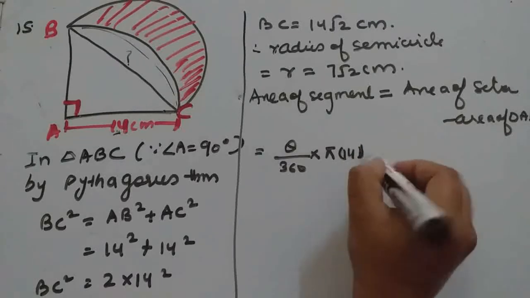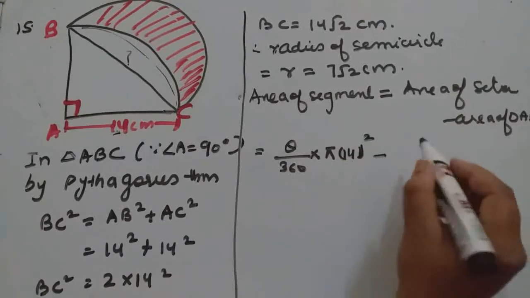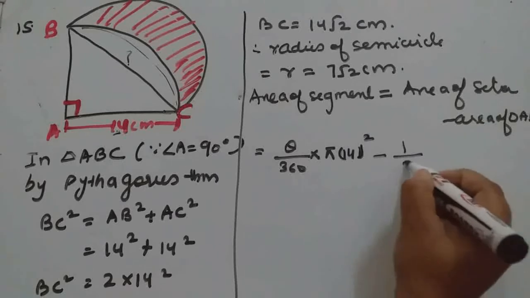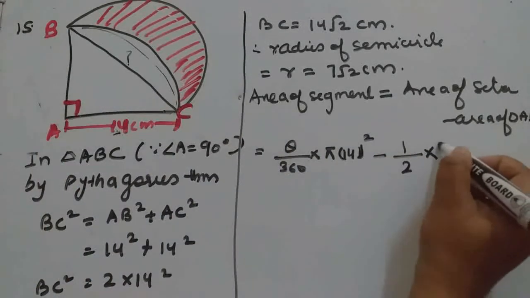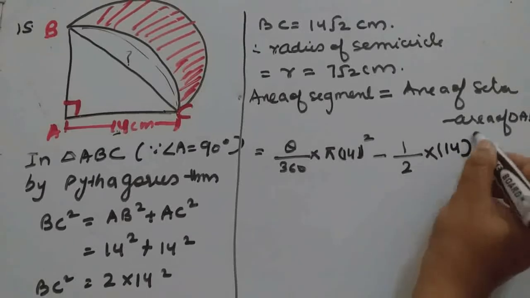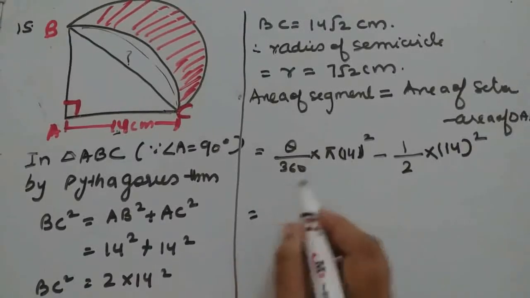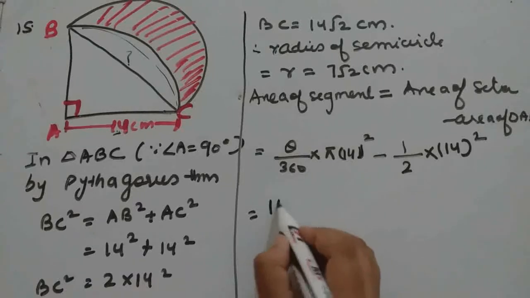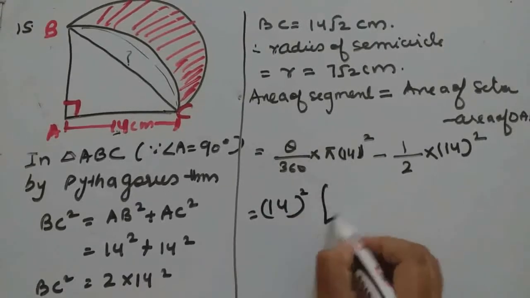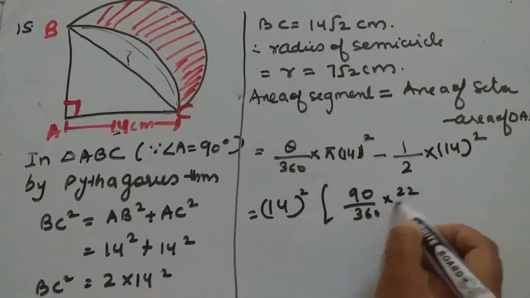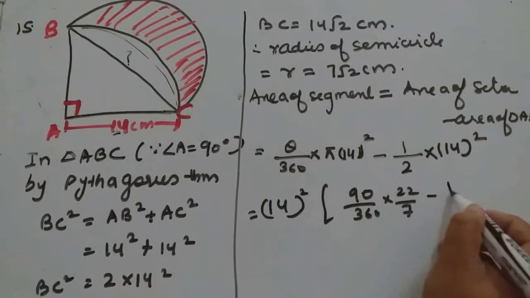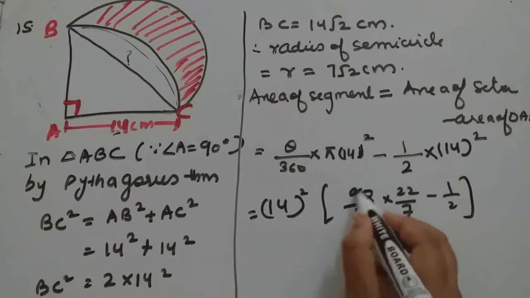So better write 14 square minus area of triangle ABC means 1 by 2 into base into height, which is also 14. So 14 square, 14 into 14, 14 square. So 14 square we can take out. Theta is 90 by 360 into 22 by 7 we can take, and here half will remain.